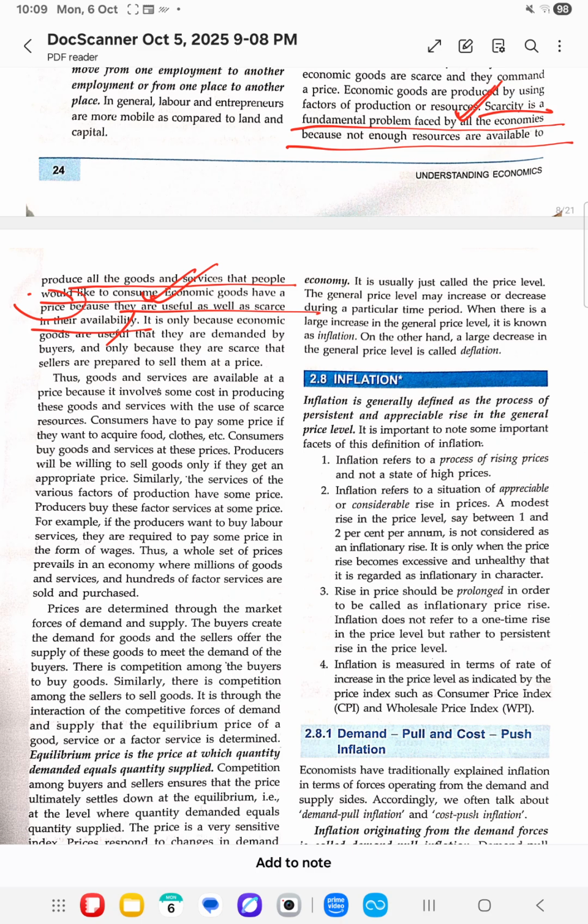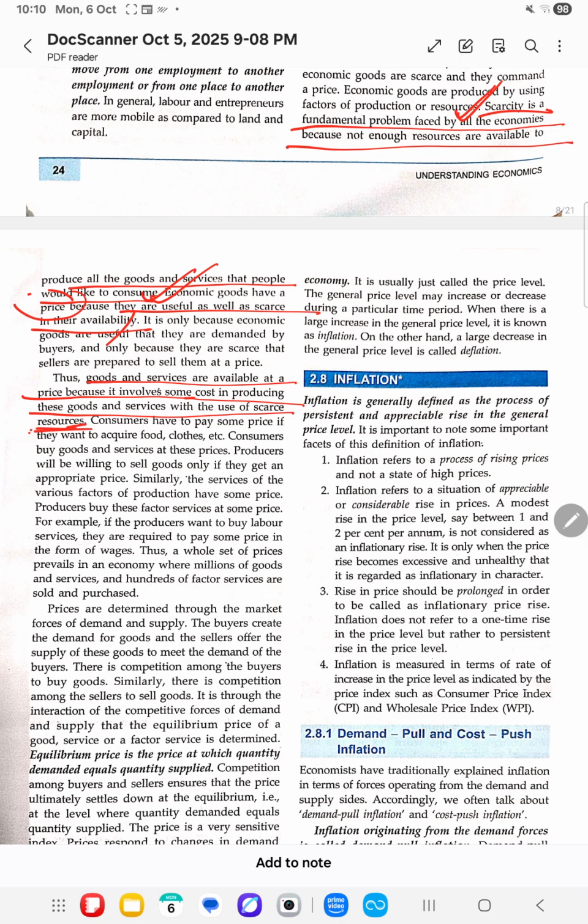Water: those places where availability of water is less, you will see that they are paying a price to be able to afford a certain quantity of water. But those places where water is very easily available, you don't pay a price to get water to your home. Thus goods and services are available at a price because it involves some cost in producing them with the use of scarce resources.